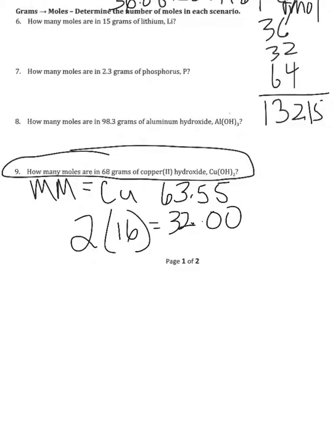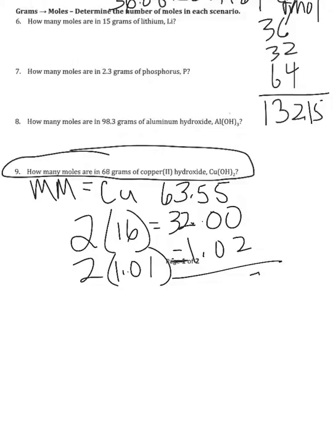And then I also have 2 hydrogen, each at 1.01. That's going to give me 2.02. Alright, and when I add that up, I get 66.57.